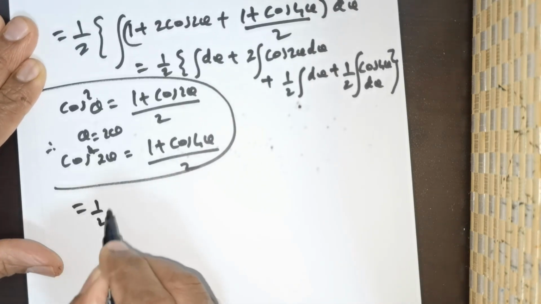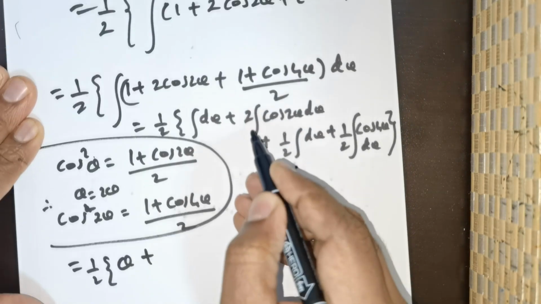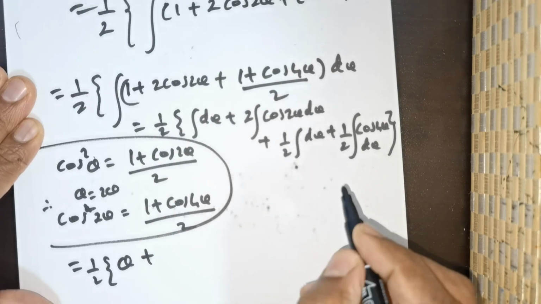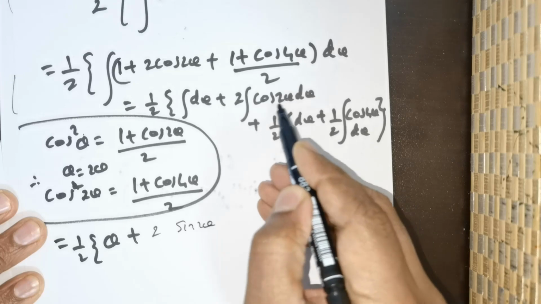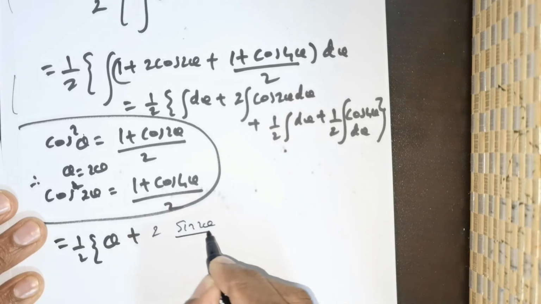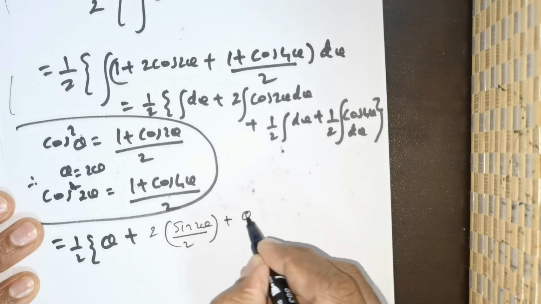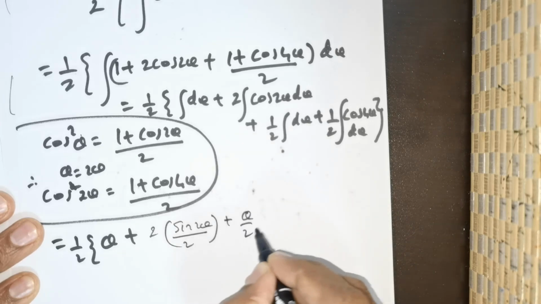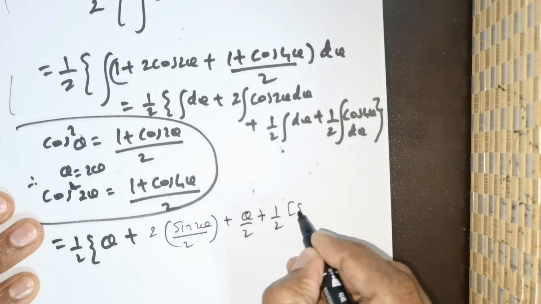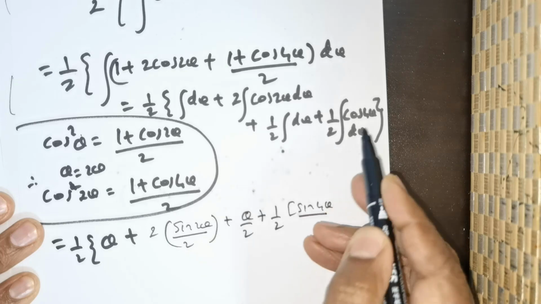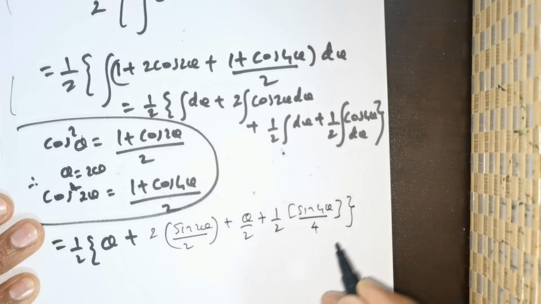So this is equal to 1 over 2 times: the integral of d theta is theta, plus the integral of cos 2 theta, which is sin 2 theta. The coefficient of theta is 2, so we divide by that value, plus the integral of d theta is theta, you have a 2 there. Now you have 1 over 2 times the integral of cos 4 theta, that is going to be sin 4 theta. The coefficient of theta is 4, so this is what you have got.